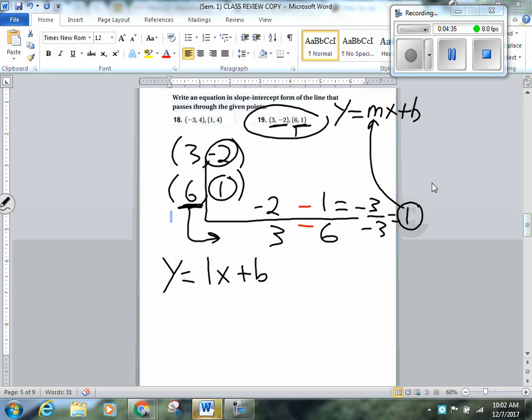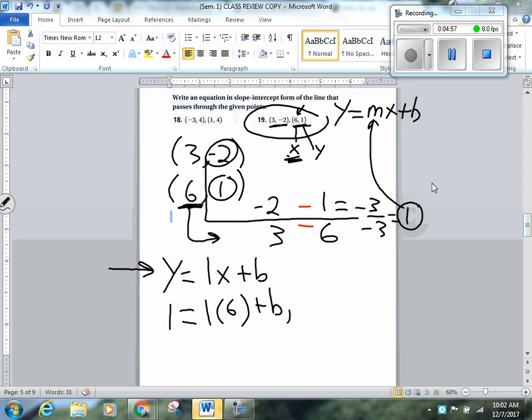So I'm going to label this x, label that one y, and plug them in to this equation down there. So what does y equal? 1. And what does x equal? x equals 6. Bring the 6 down, plus b.